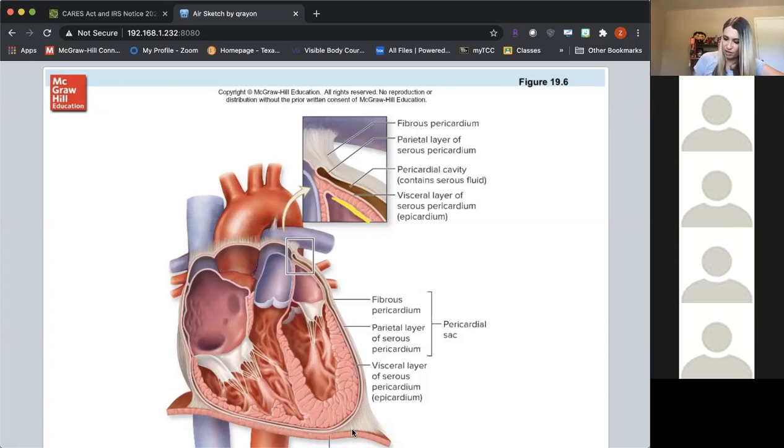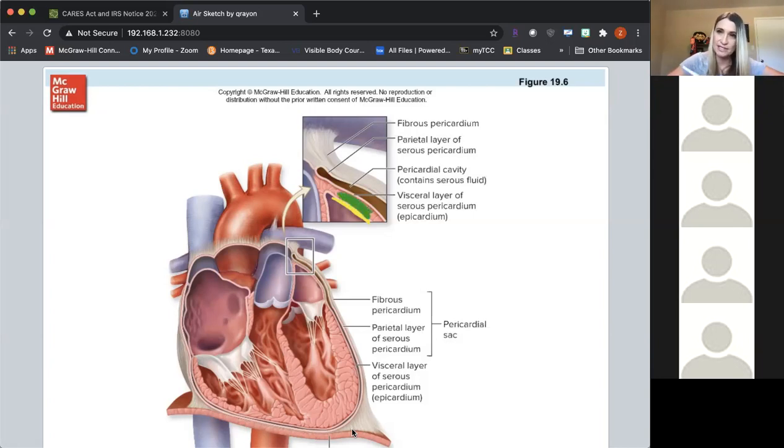Then the thickest part of the heart wall will be myocardium. Okay, that's this green stuff. So the thickest part of the heart wall is myocardium, and that's cardiac muscle. Okay, right there.